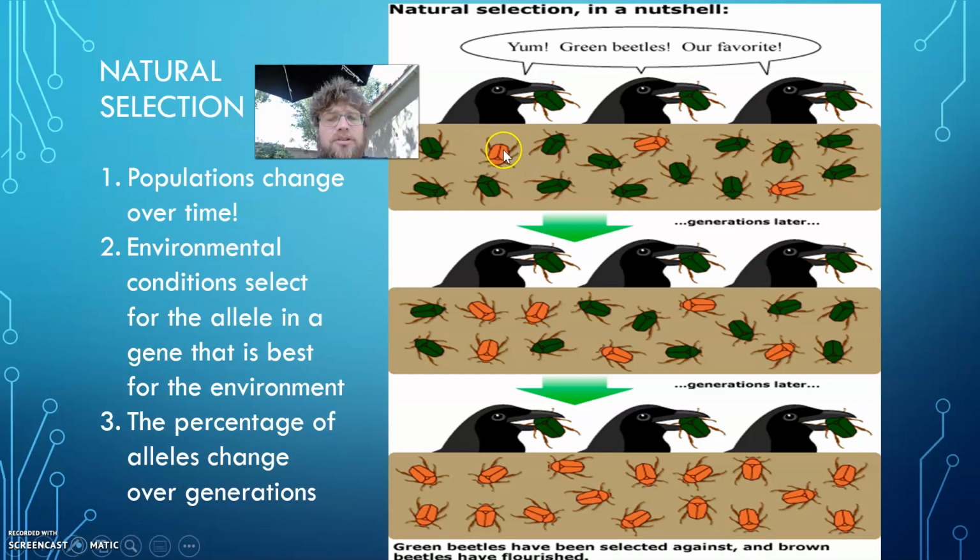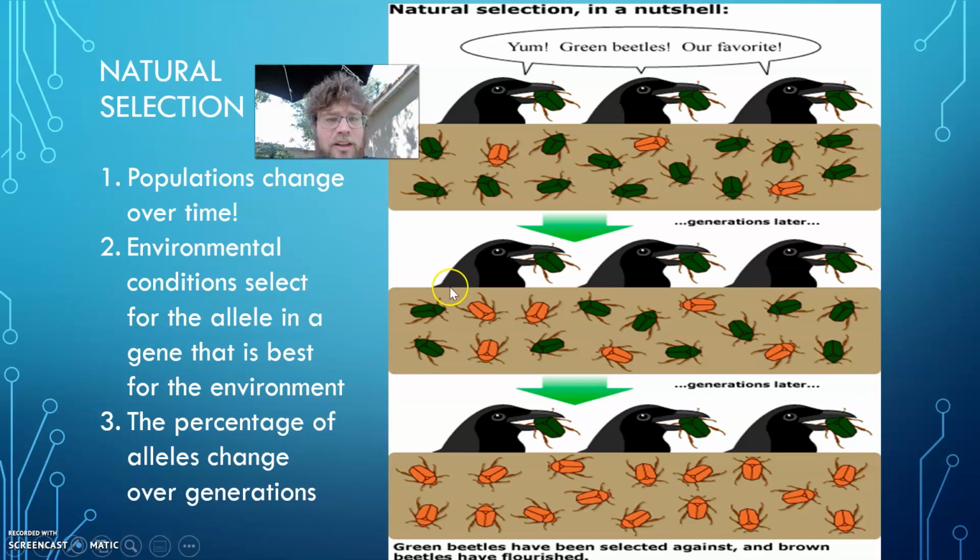This orange allele helps the beetles that have it survive and reproduce, whereas the green ones are out of luck. The crow's going to eat them, and they're not going to make as many babies. So in the next generation, you have more orange, and that pattern continues. More crows eat more green ones, so green ones survive and reproduce less, whereas the orange ones with an orange allele for shell color survive and reproduce until you have a population that's mostly orange or maybe all orange.